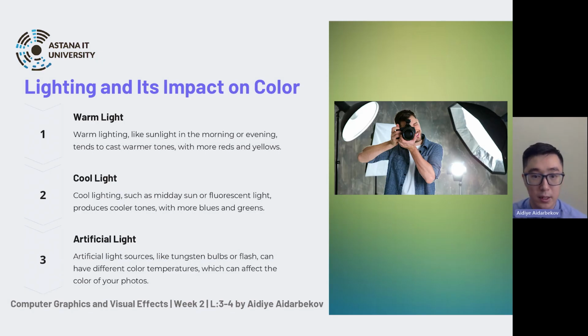So we need to understand how to work with artificial light, like practical light when we are somewhere inside, or natural light when we are outside, like sun, moon, and different night vision shots.